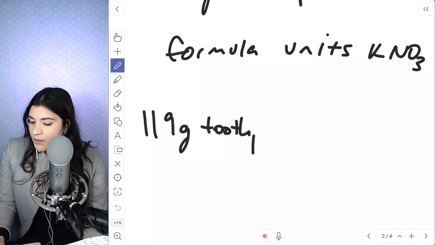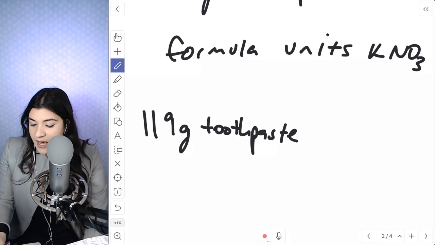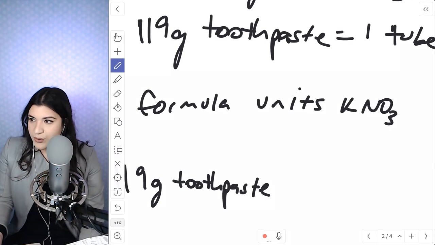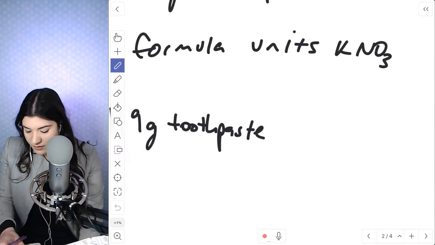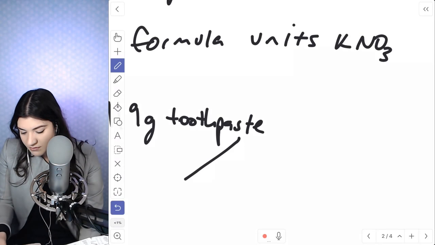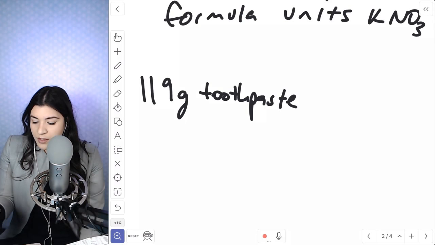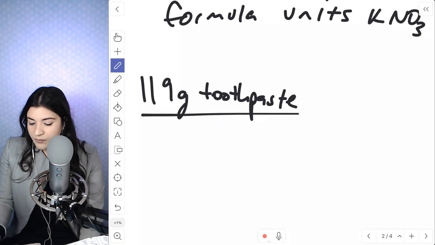Now what they're providing us with is a percent by mass, and that's going to be used as a conversion factor to allow us to get to something a little bit different. Right now we just have the toothpaste, but we need the actual compound. So that percentage is going to allow us to get there.